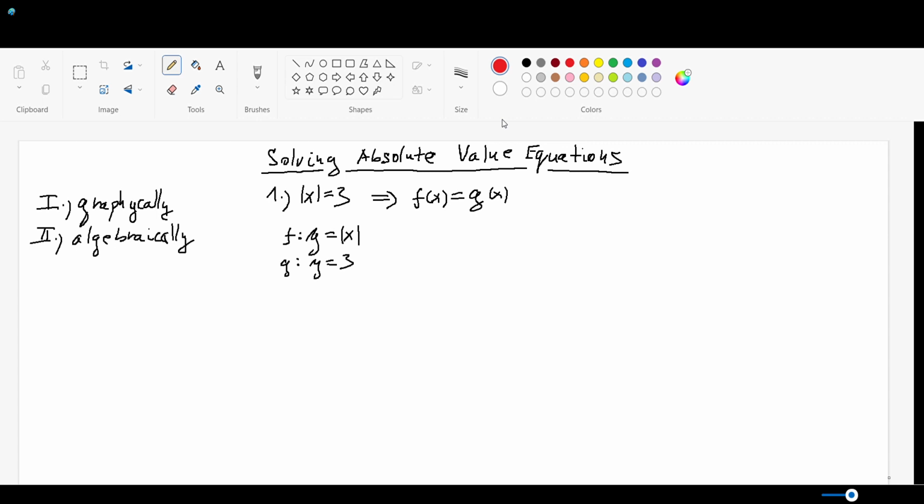So when we are solving any equation, we are trying to answer the question: when does the graph of function f intersect the graph of function g? The equal sign continues our sentence.